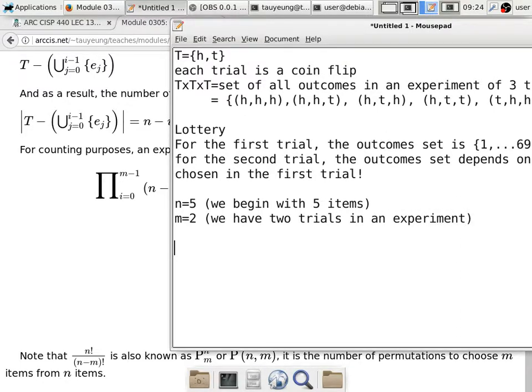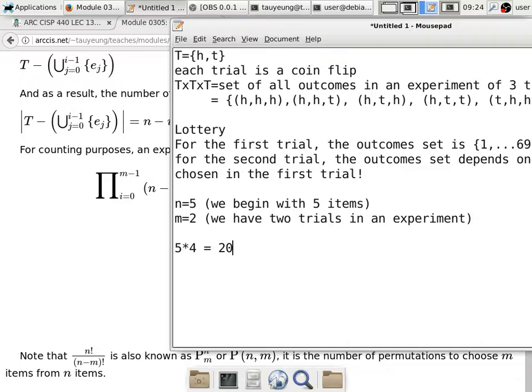For this particular experiment, for the first trial we've got 5 choices, and for the second one we've got 4 choices, and that's it. Then we stop, because we only have 2 trials, which means as a total possibility, there are 20 possible outcomes in this case.